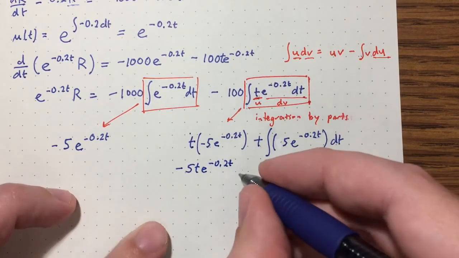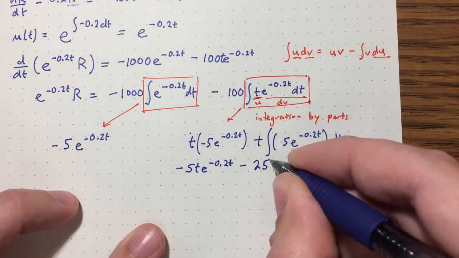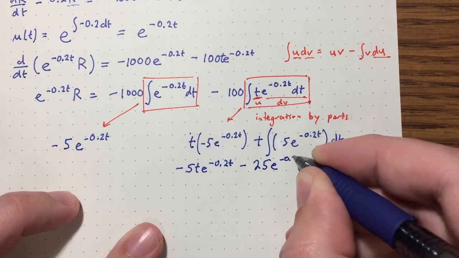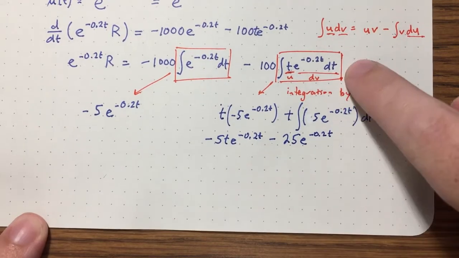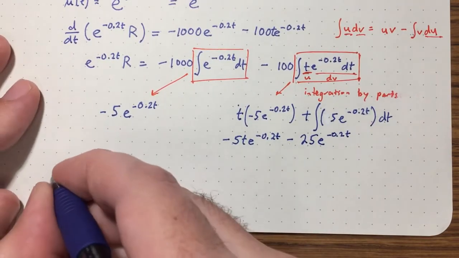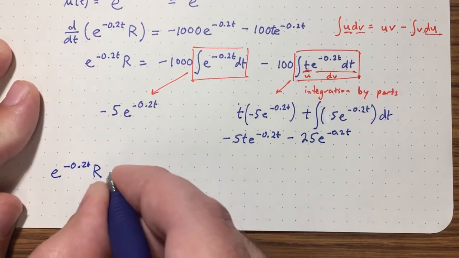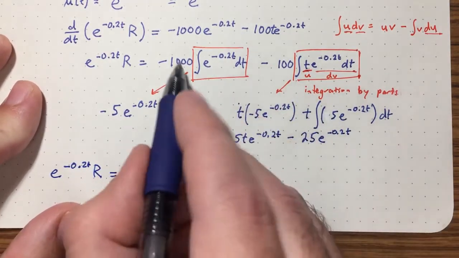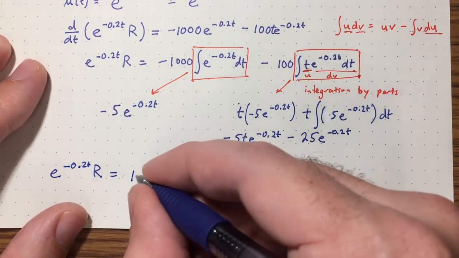We get another negative 5 that comes out, right? So we do end up getting another minus 25 e to the negative 0.2t. So that's this bit here in red. That becomes this. So let's just summarize. So we have e to the negative 0.2t. I'll copy down the whole equation. And then we have a negative 1,000 times negative 5 e to the 0.2t.